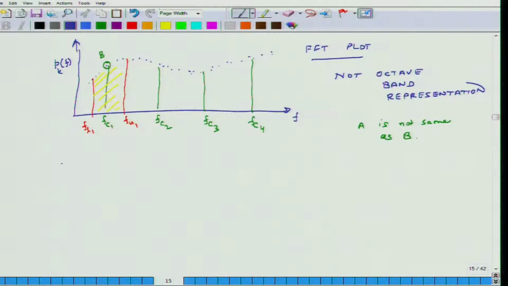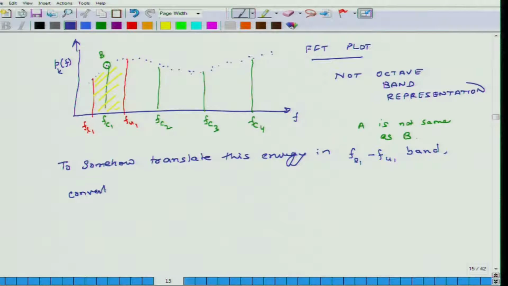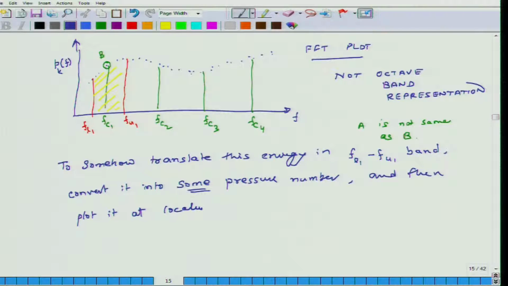So what is our aim? Our aim is to somehow translate this energy in FL1 to FU1 band, convert it into some pressure number, and then plot it at location A corresponding to FC1.